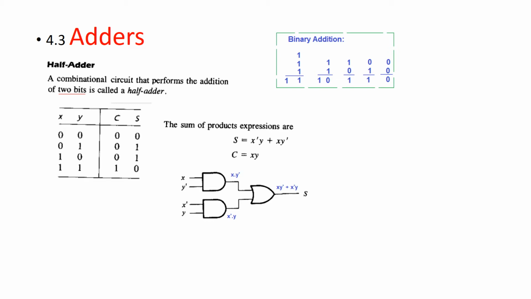So X Y dash or X dash Y. So this is how we implement the sum function. And for the carry function it will be a simple AND gate. So carry is X into Y. So X input, Y input, and through an AND gate we get X into Y. So this is the carry out. So this circuit will represent a half adder.